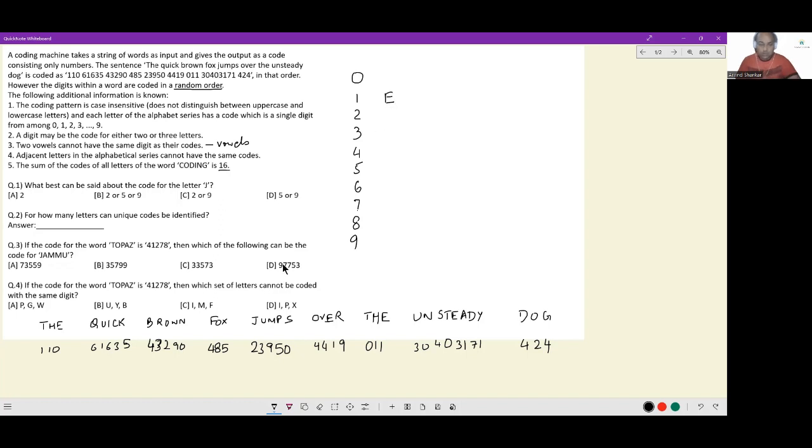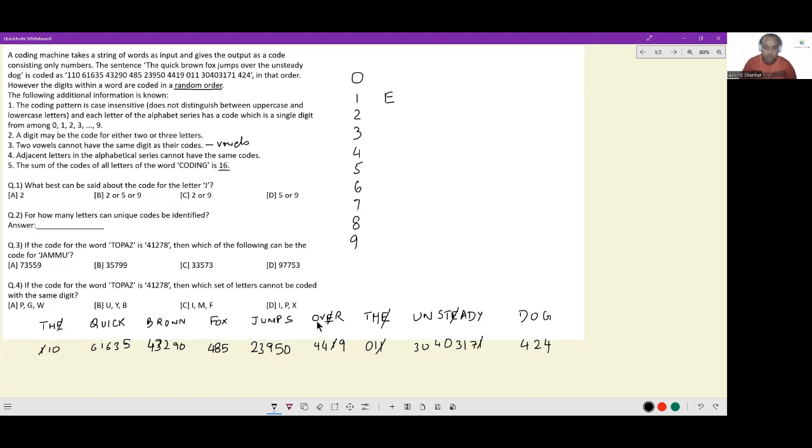As soon as we identify that, our next check has to be: remove E, remove 1. Everywhere you see an E, remove a 1. Our next work has to be, I see over and dog or over and fox, whatever you choose.